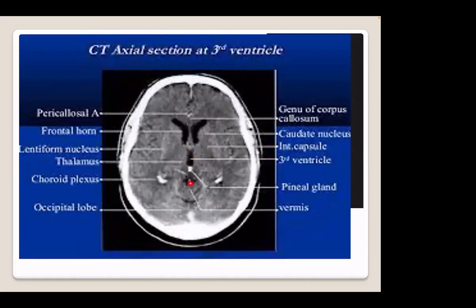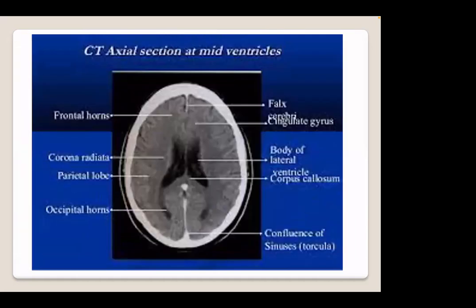And this is pineal gland, and this is the vermis of the cerebellum, and this area is occipital lobe, and this white area is choroid plexus on each side. Axial section at the mid ventricles, showing body of the lateral ventricle and pineal body and occipital horn of lateral ventricle.